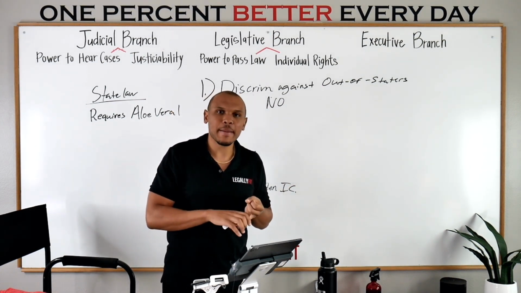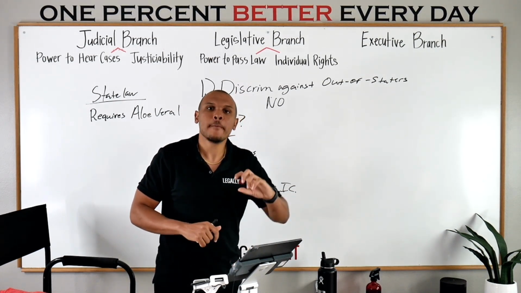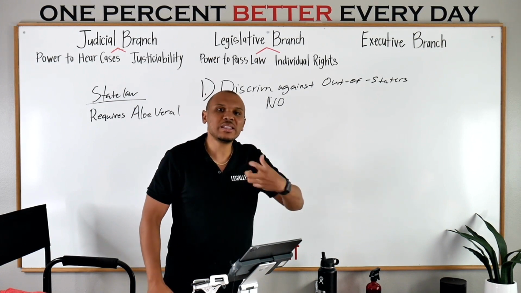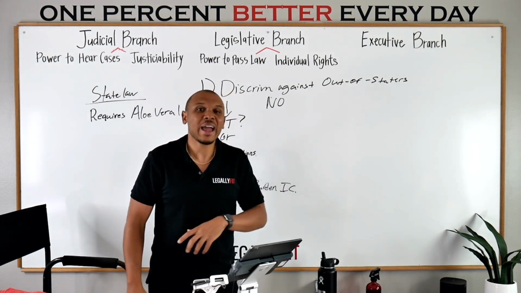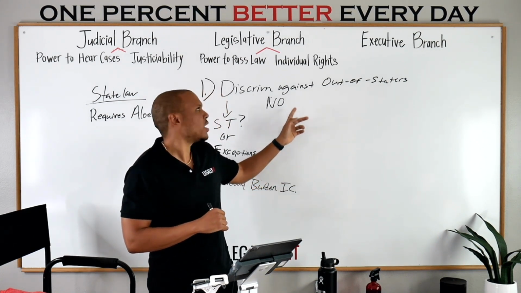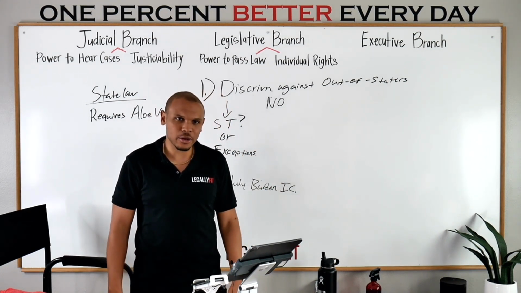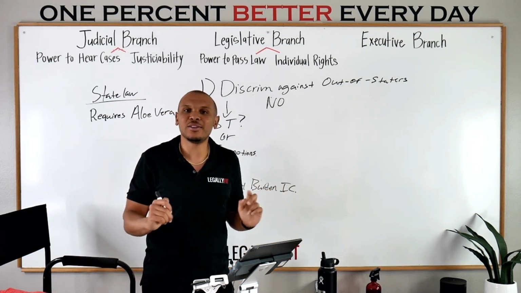The second hypo we did was one in which it was a similar fact pattern, but the interest and the reason why the government was passing their law was different, and that changed everything. So therefore, it was justifiable discrimination against out-of-staters, and it did burden interstate commerce in a way that was not unduly.